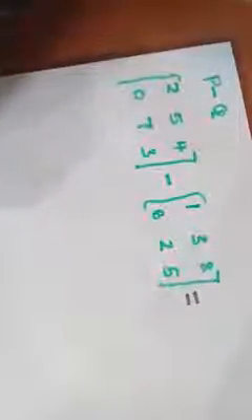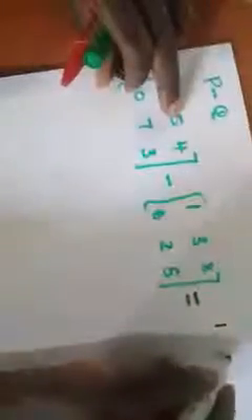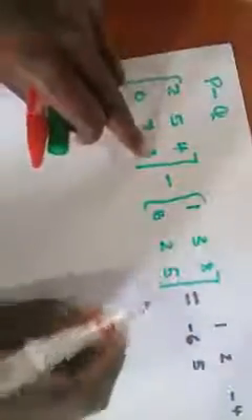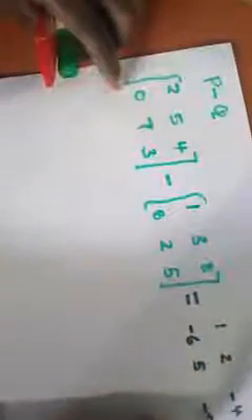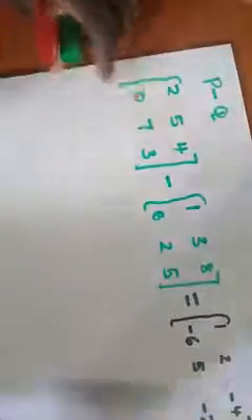So let's do it very quickly. 2 minus 1 is simply 1. 5 minus 3 is 2. 4 minus 8 is negative 4. 0 minus 6 is negative 6. 7 minus 2 is 5. 3 minus 5 is negative 2. And that is our answer.